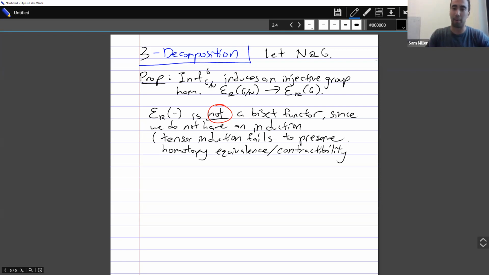In fact, in the Paul Balmer paper I was talking about earlier, the fact that tensor induction fails to preserve contractibility plays a key role in his main theorem. But we do have inflation and deflation. And deflation is the Brauer construction.